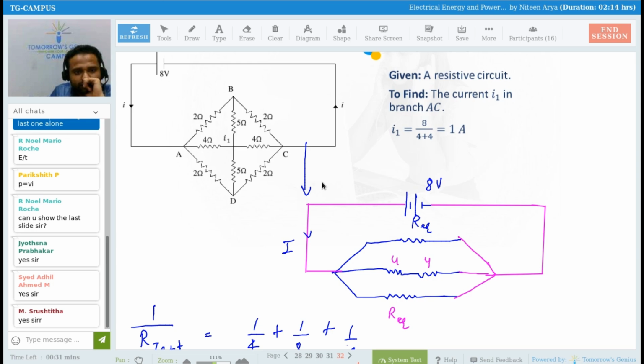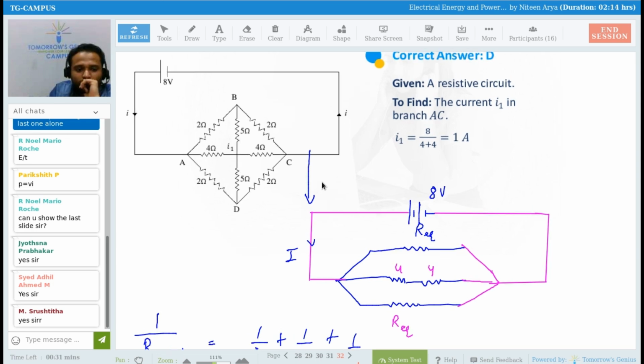Then the parallel combination of this 2 and 2 is going to be 2 into 2 divided by 2 plus 2. This is 4 divided by 4, which is 1. Okay. See, what is the assumption? The current in this and the current in this is going to be 0.